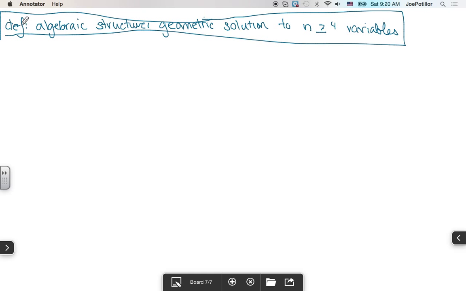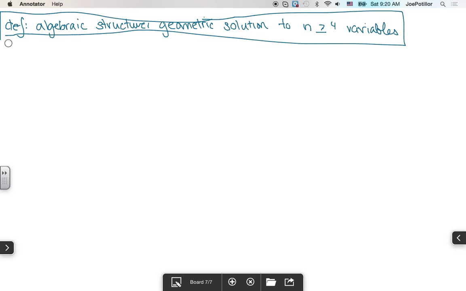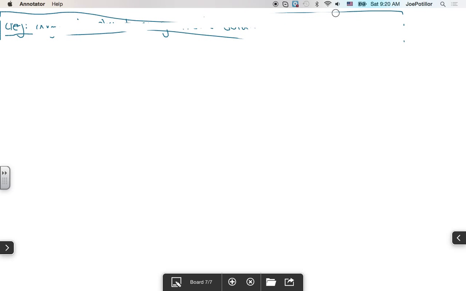Okay, an algebraic structure refers to the geometric solution of n being 4 or more variables.